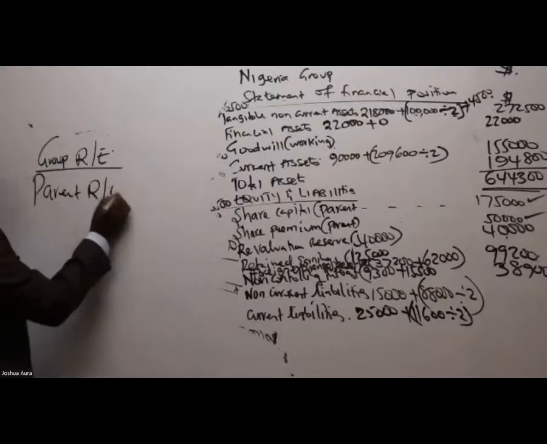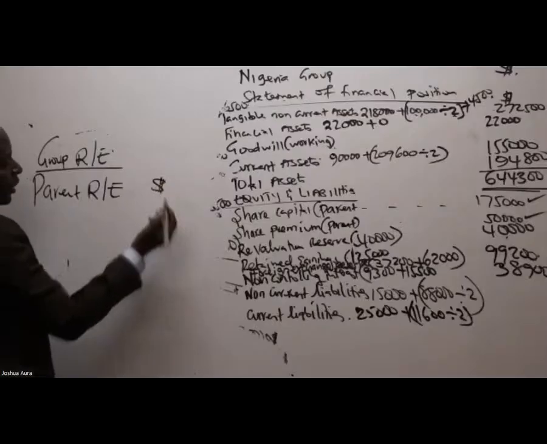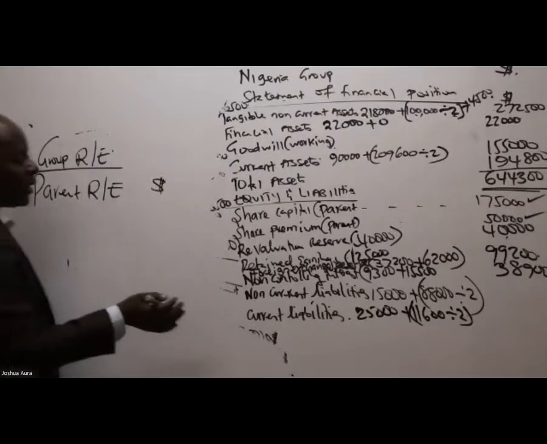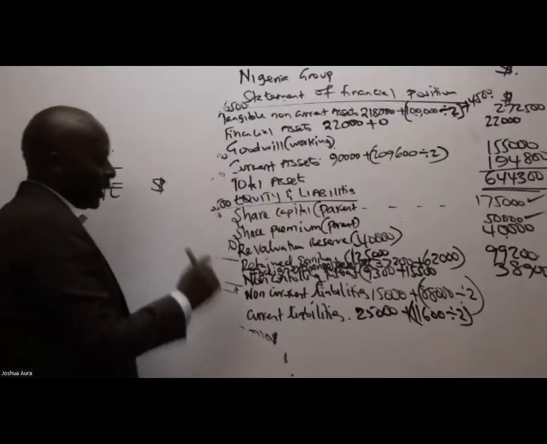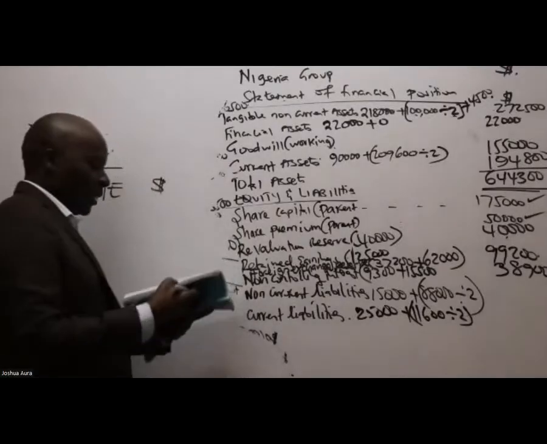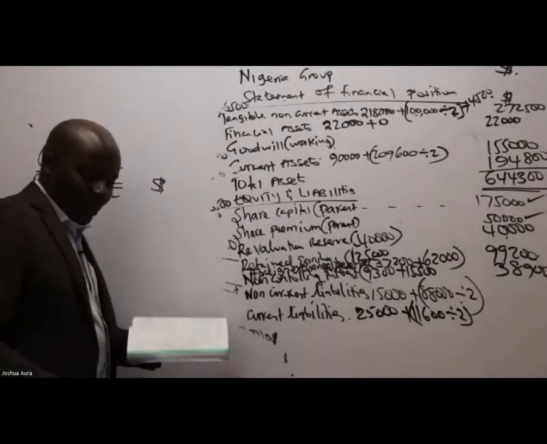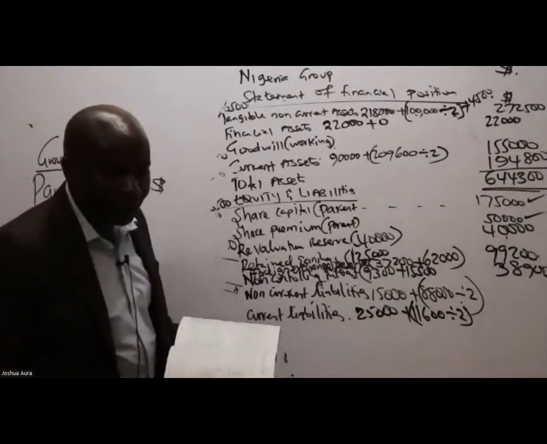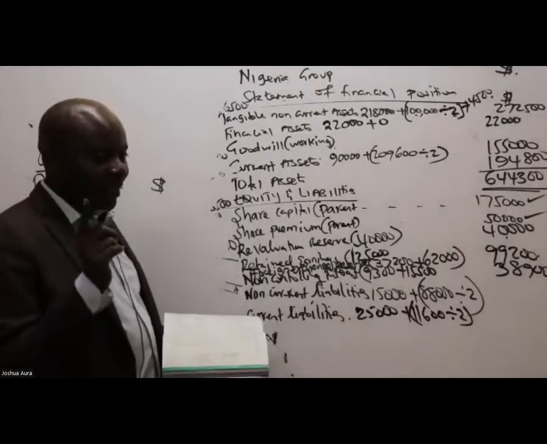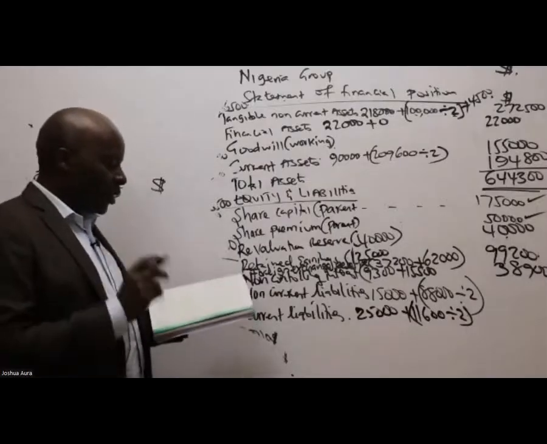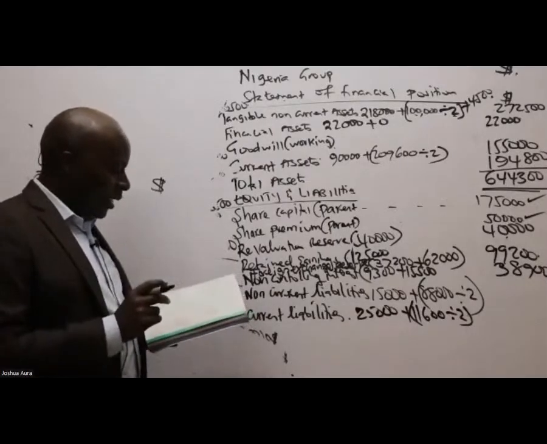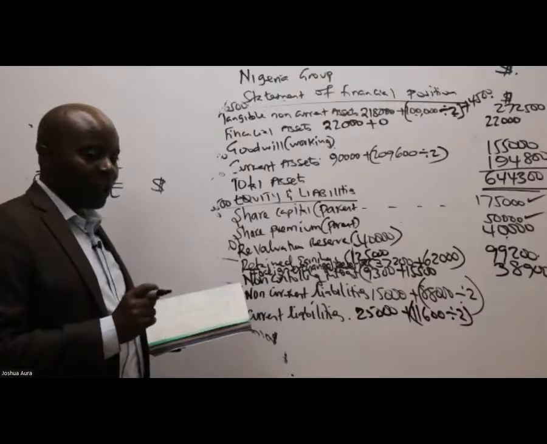I have the parents retained, hizi sina shida nazo ziko in dollars already. So the parents retained earnings hapa ni ngapi? Thank you very much. I can see now you guys have an idea.